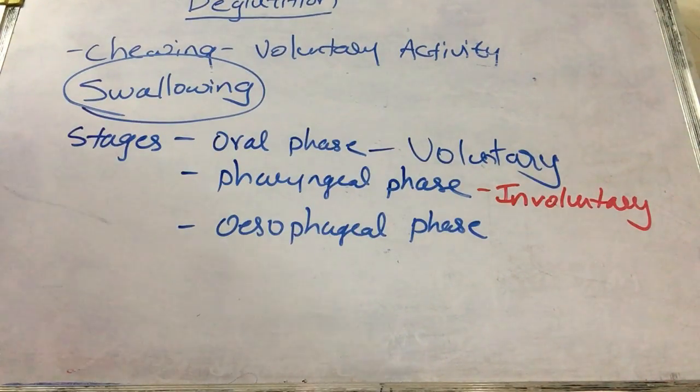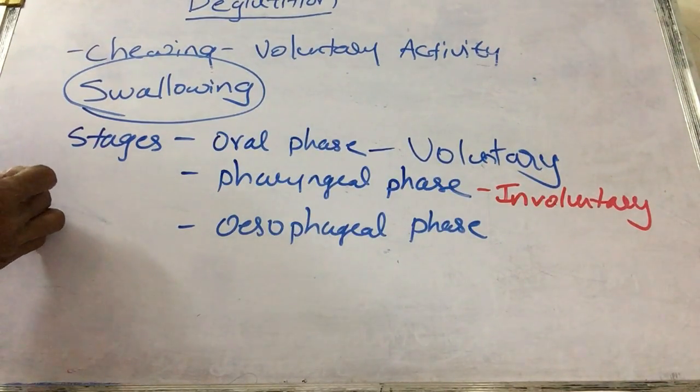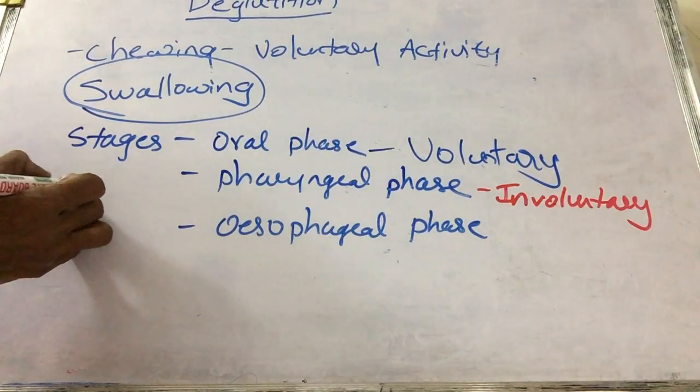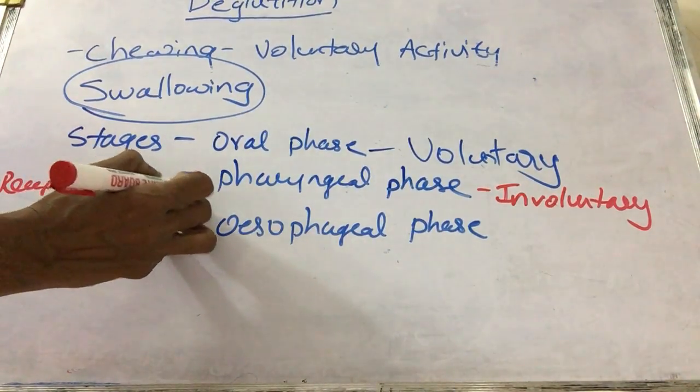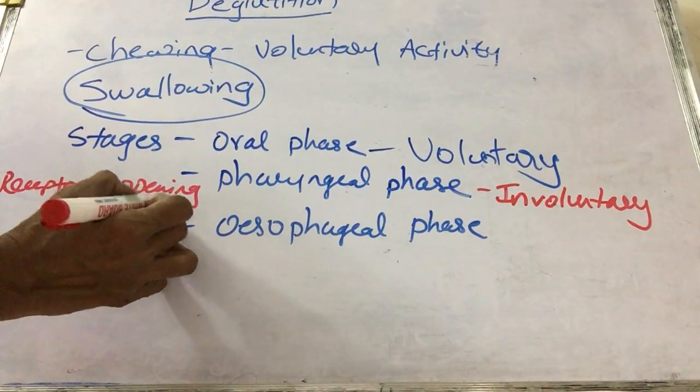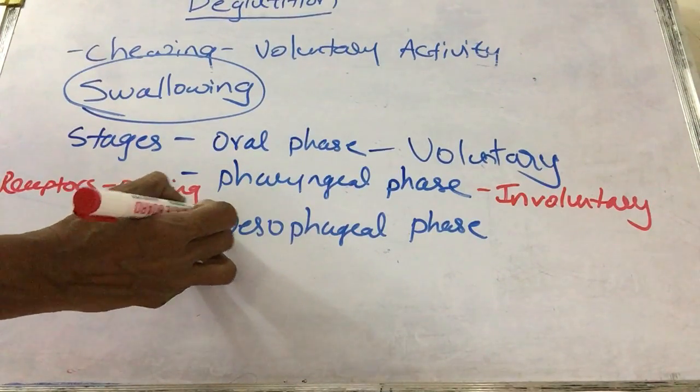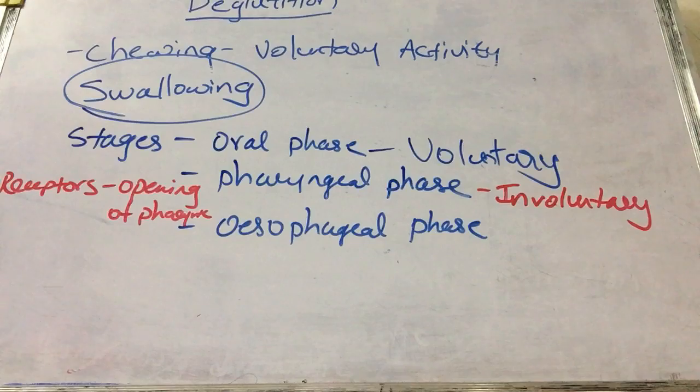So, the receptors for the pharyngeal phase are the receptors present at the opening of the pharynx. As soon as the food enters the pharynx, these receptors are stimulated.